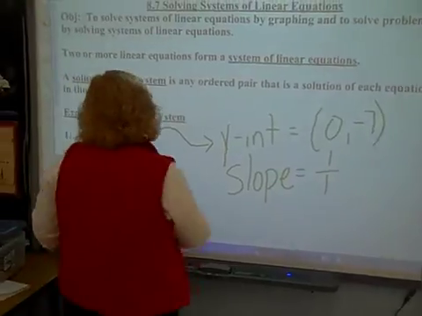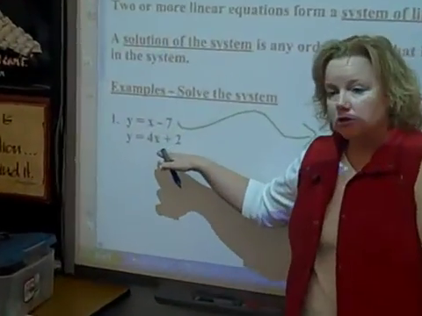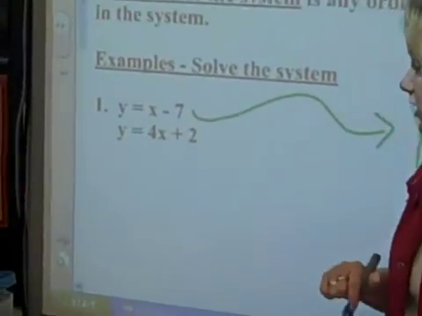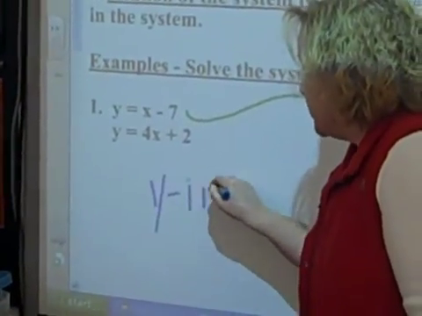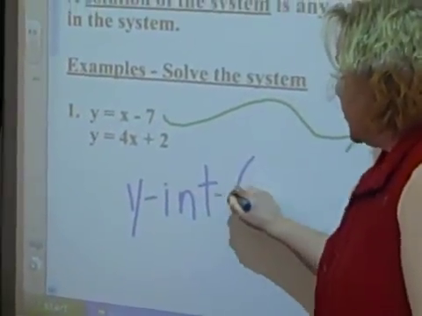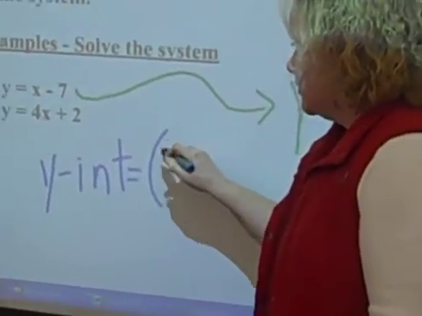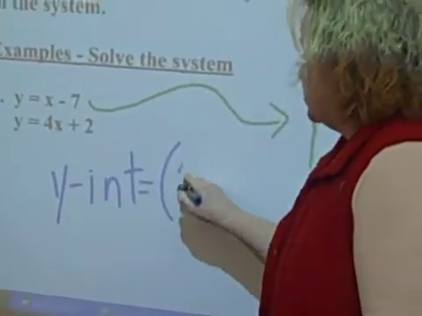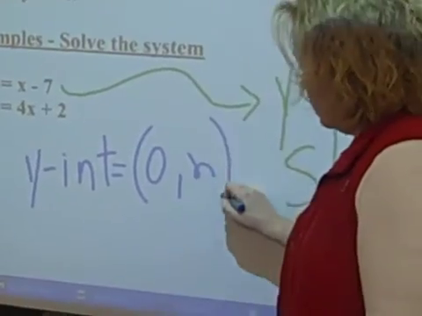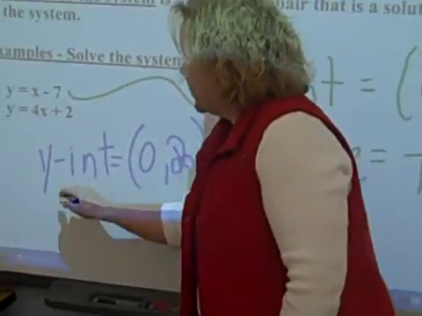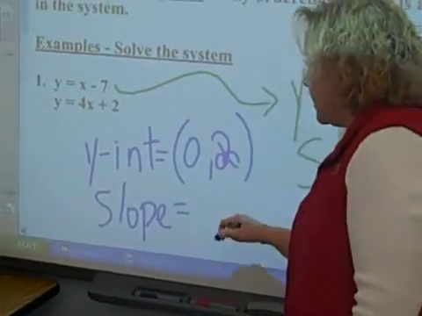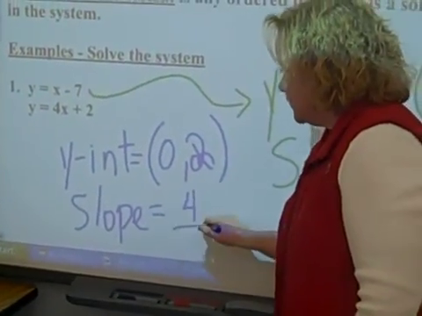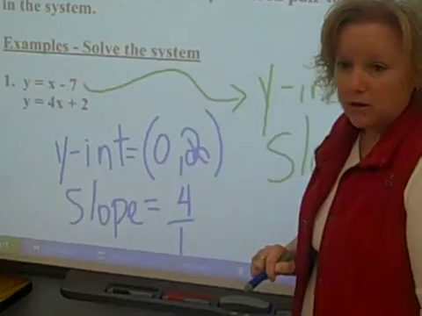We're going to graph the second line. Again, make sure it's in slope-intercept form, which it is. I am going to find the y-intercept. What's my y-intercept? 0, 2. And my slope, remember, is the number in front of the x, which is 4. We put it over 1, so we have a rise over run.